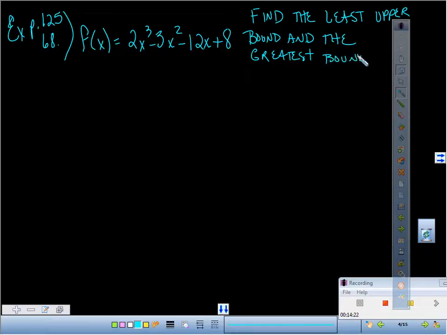Okay? Now, why am I saying it like that? Because, guys, if I said find me an upper bound, guess what you guys would do? You'd pick the biggest number up there on the possible rational roots, and you'd say, there it is, Miss Davis. Okay? Is it going to be one of your roots, or is it just going to be possible? It's going to be a possible rational root, okay?